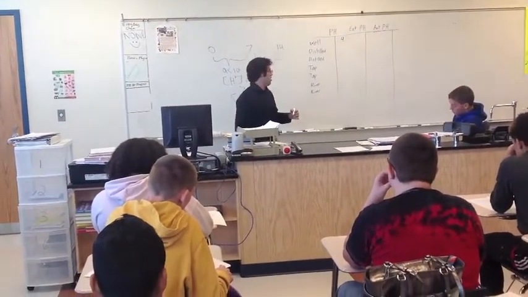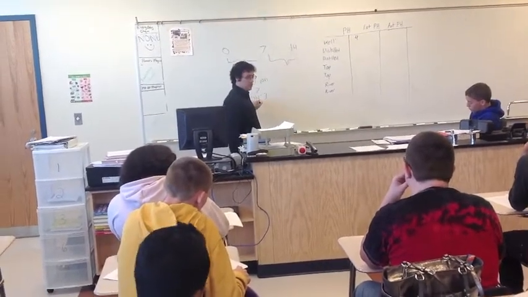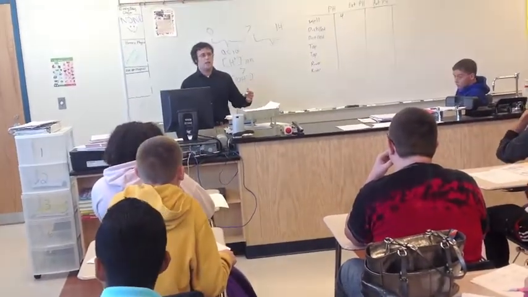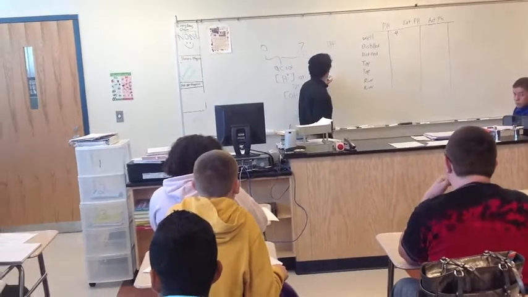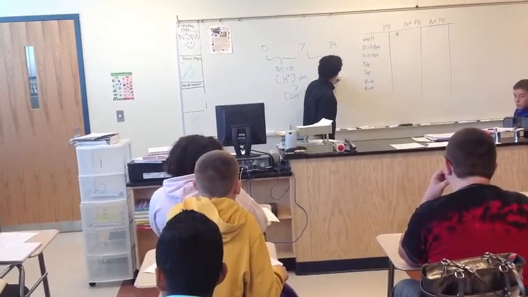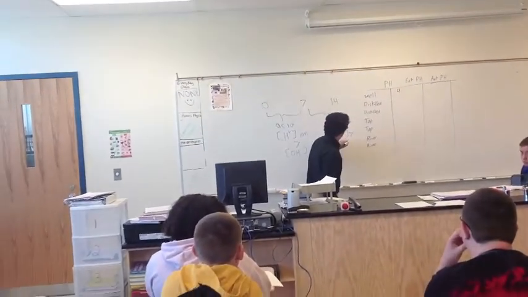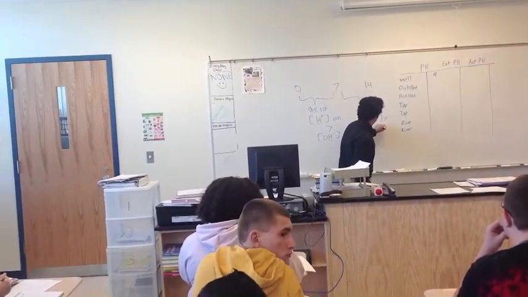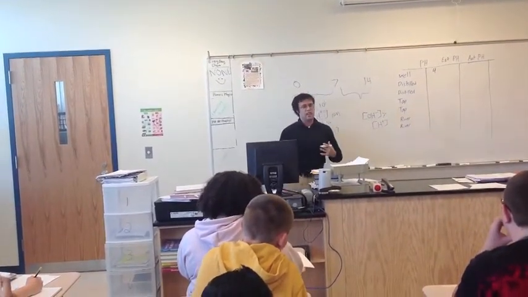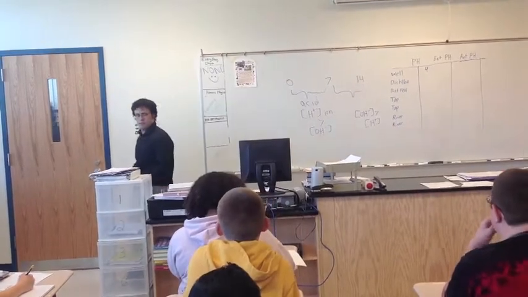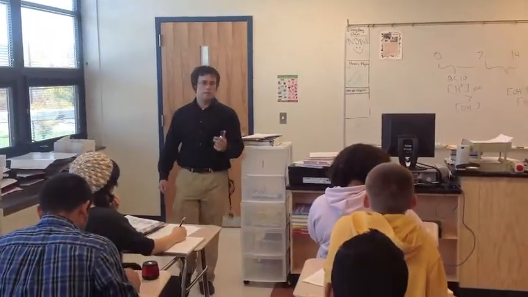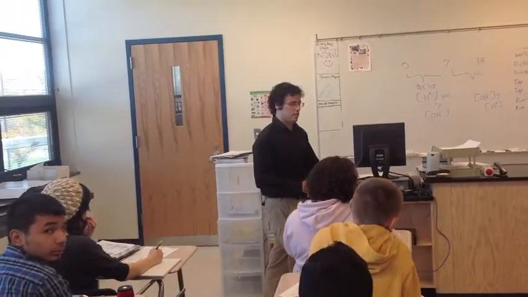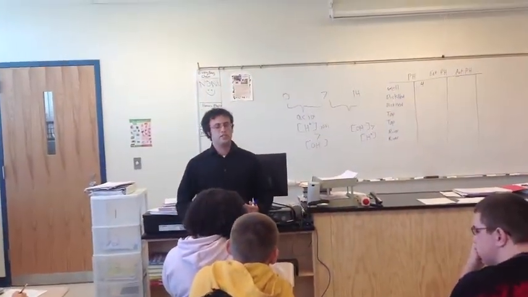Because we're going to have more of this, OH minus, greater than this H plus. So what happens at 7 then? Cody, can you tell me what happens at a pH of 7? Is it kind of like the neutral? Yes, that's the neutral one.